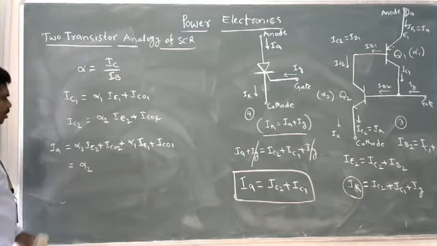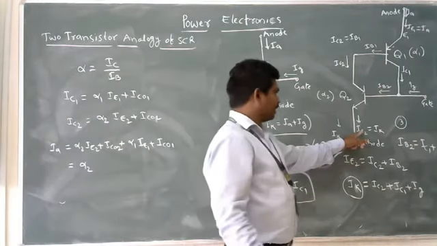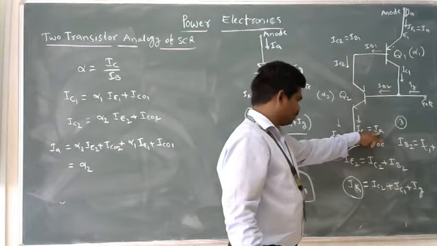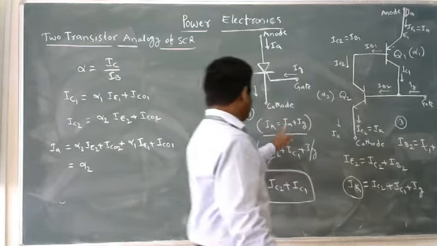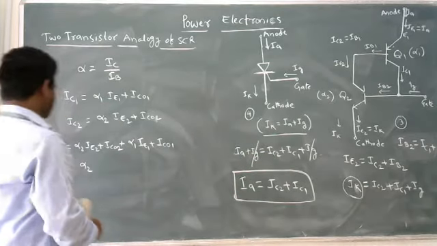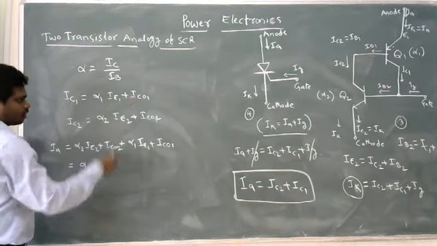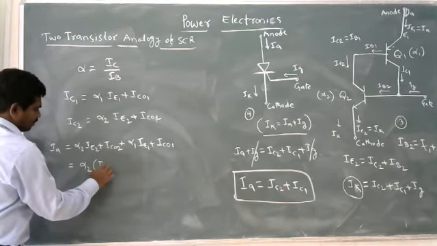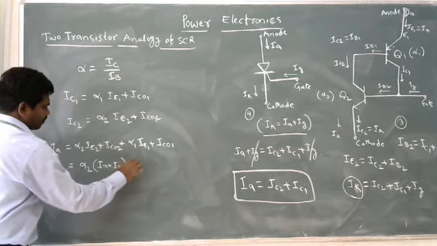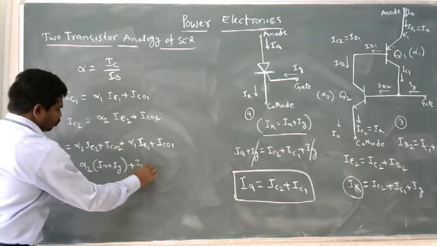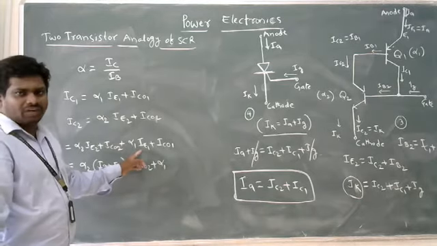Alpha 2 IE2, this IE2, is equal to IK, but IK is equal to IA plus IG. Now IE2 is replaced by IA plus IG, plus ICO2, plus alpha 1 IE1.